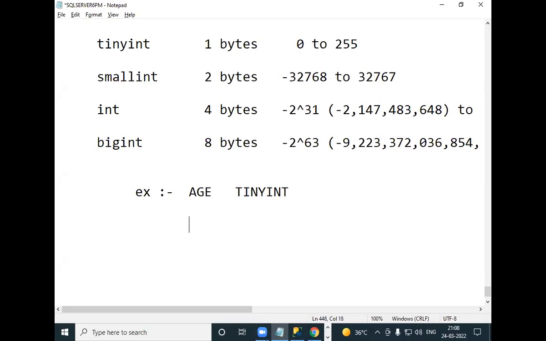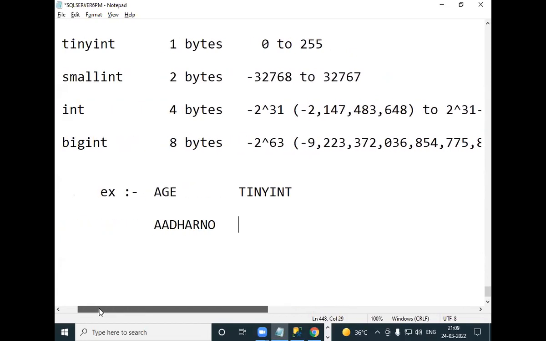Next one. For example, I want to store Aadhaar number in database. Aadhaar number contains how many digits? 12 digits. So can we use integer type?